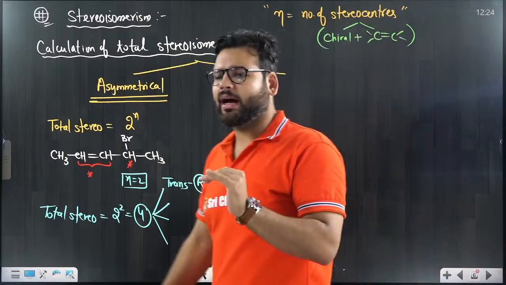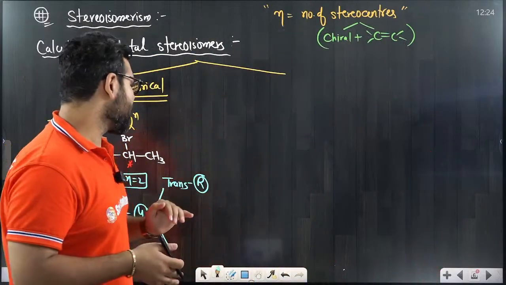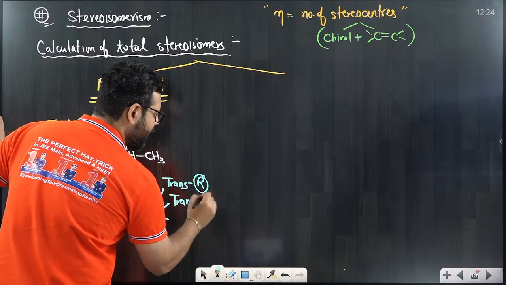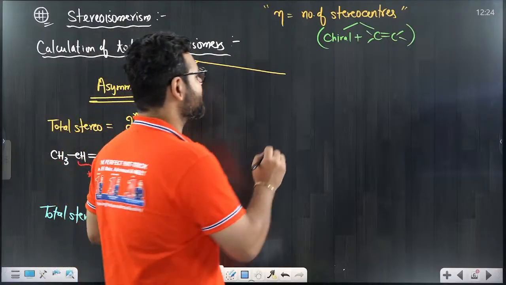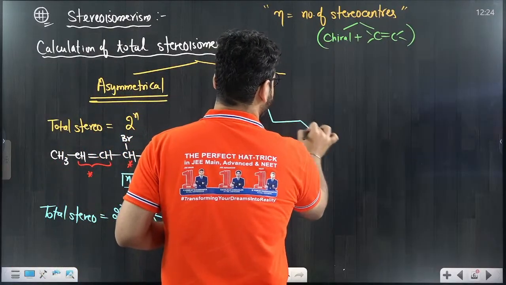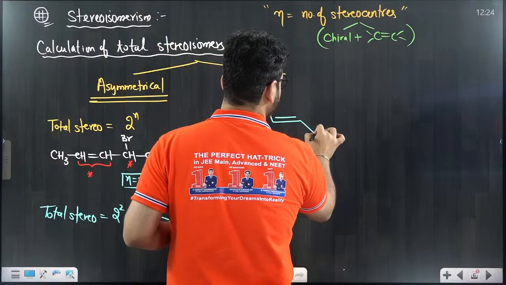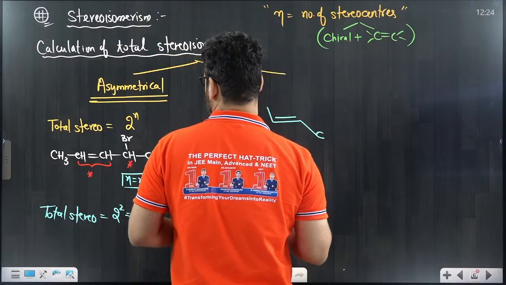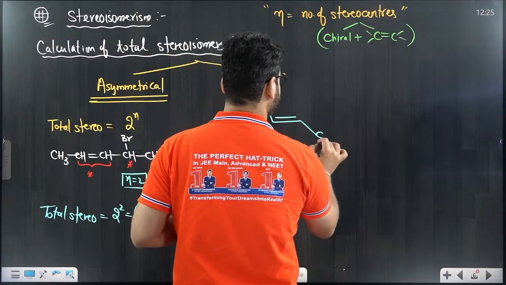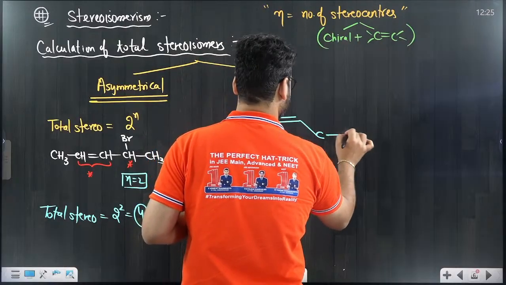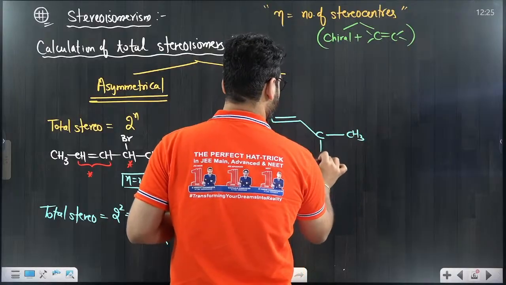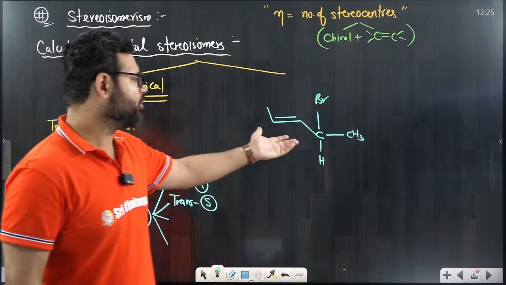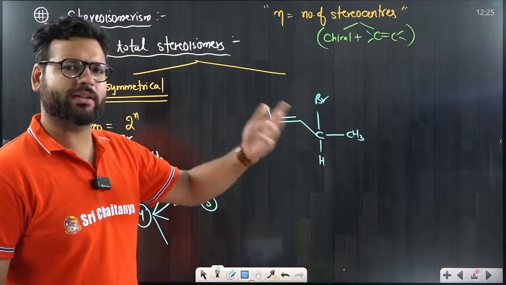If you have trans R and I put a mirror next to it, trans will remain trans after putting a mirror. How would trans become cis? But R will become S. So if this is trans R, let's say, I am not checking whether it is R or S, you can check that yourself.